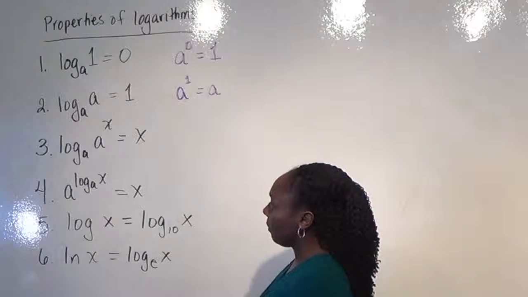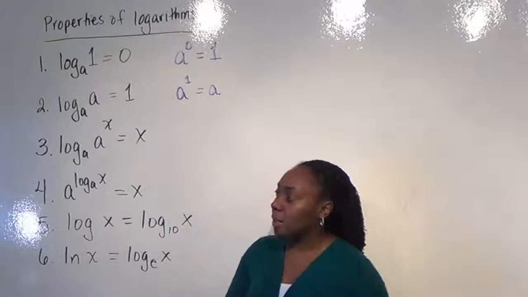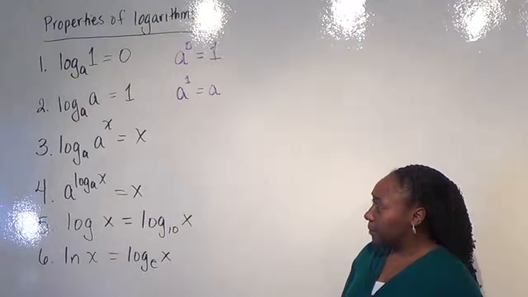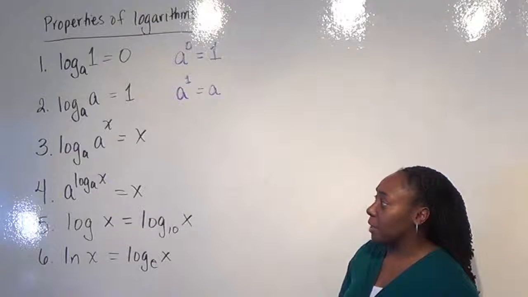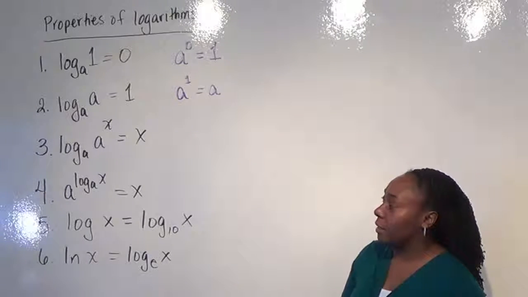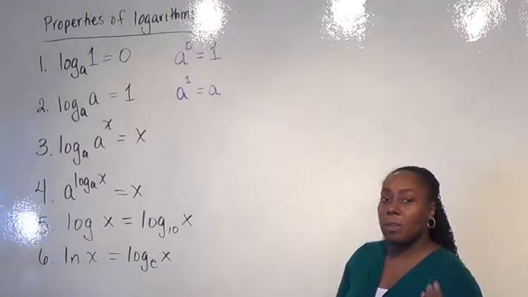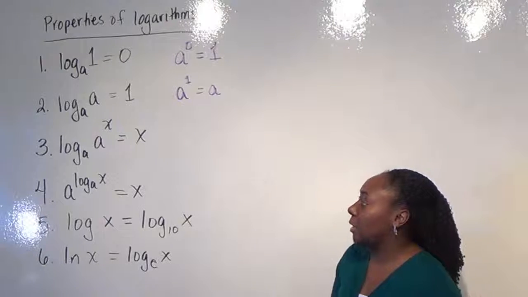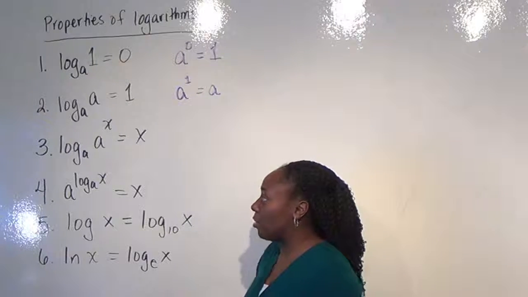Okay. The next one actually combines two properties, one that we've just looked at, the log base a of a equaling 1, but also one that we'll see a little later when we start looking at some of the properties for solving equations.